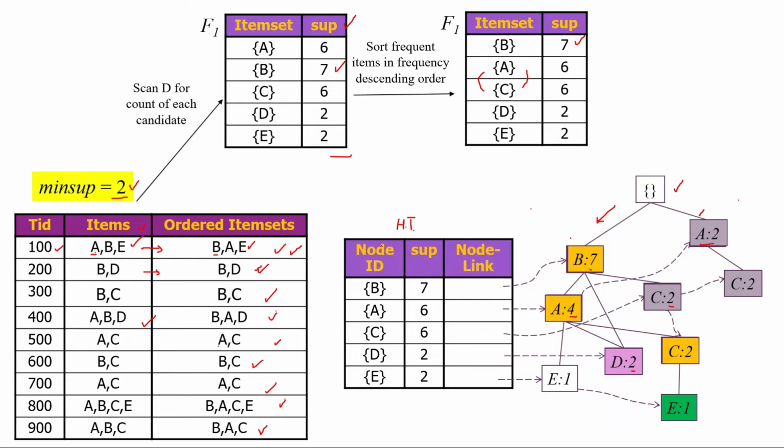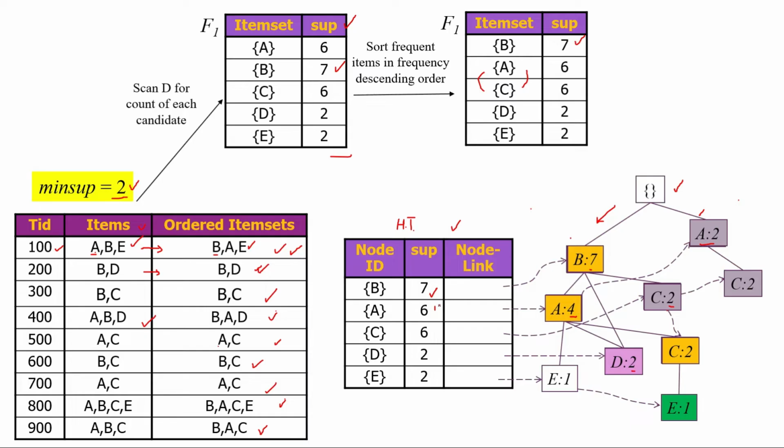This is according to our header table. You can verify this FP tree by verifying the nodes' count values against those stored in the header table. Like B's count is 7, and here it is also 7.